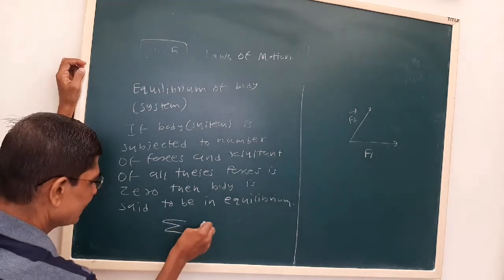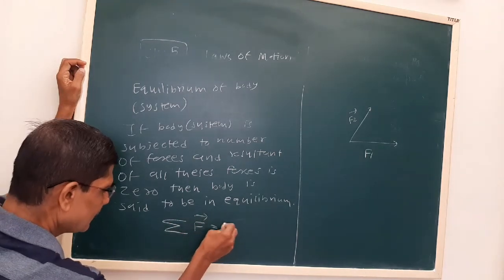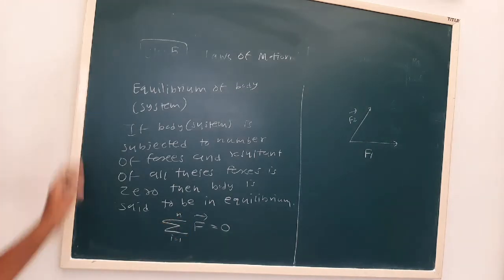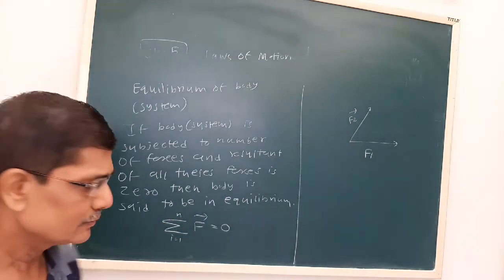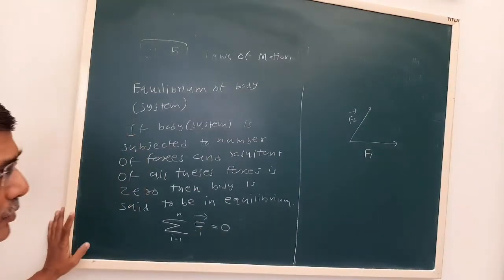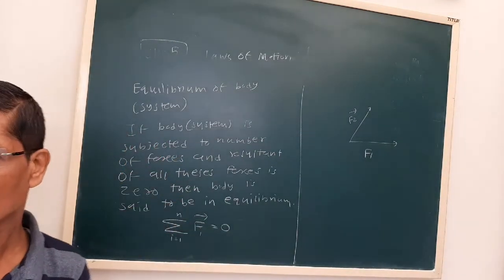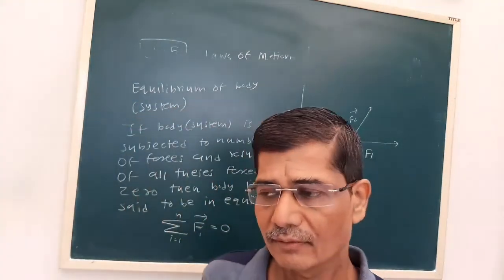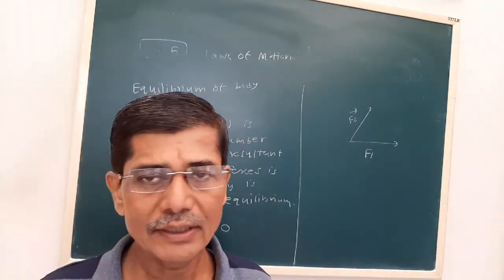So in that case we can say sigma F is 0, where i is equal to 1, 2, and so on, as there can be a number of forces. We write Fi. So if the body is subjected to a number of forces and the resultant of all these forces is 0, the body is said to be in equilibrium.